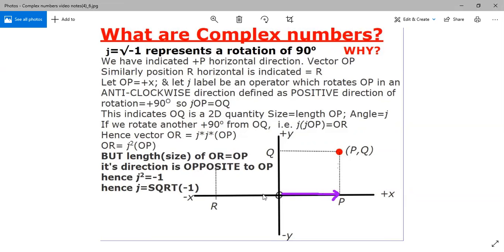So the direction of O to R is negative O to P. That must mean by definition that J squared equals -1. J squared equals -1, so J has to equal the square root of -1. It's an imaginary number. It represents a rotation of 90 degrees.